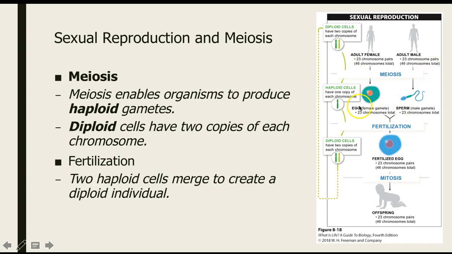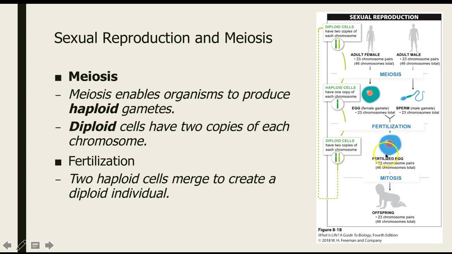When a female makes eggs, and when a male makes sperm, you cut the number of chromosomes in half. So instead of having 23 pairs, you just have 23 total. So instead of having 46 total, you have 23 total. That's half. The only way that you as an individual could get back to having the normal chromosome number of 23 pairs or 46 total is through this process of fertilization.